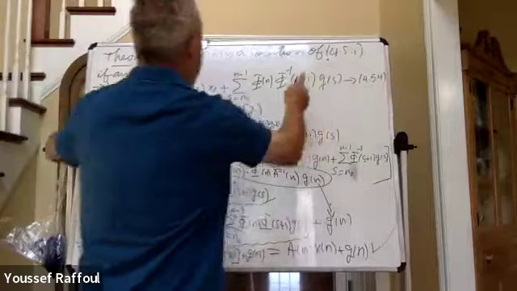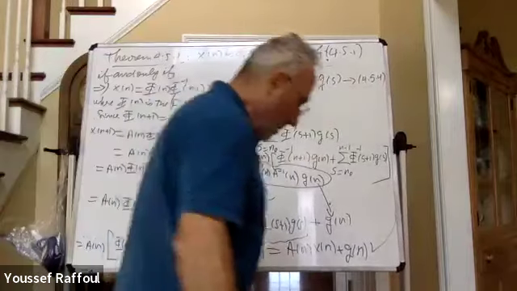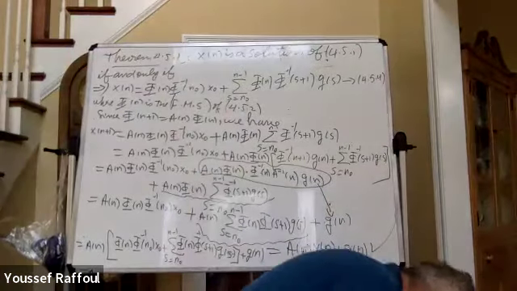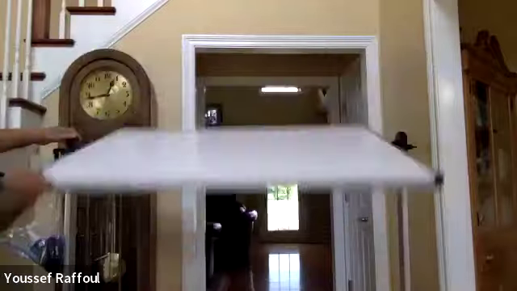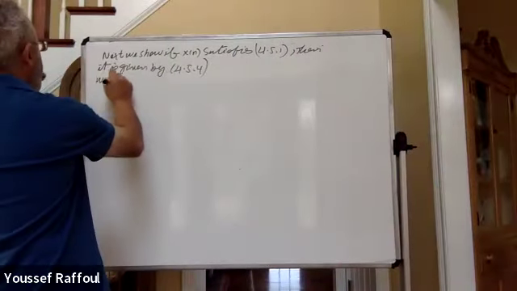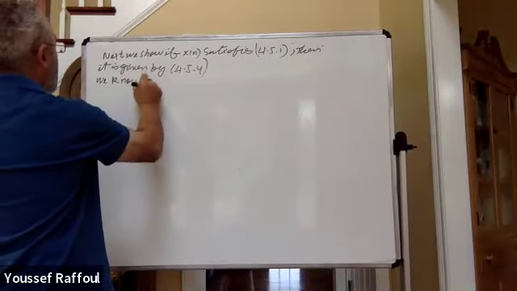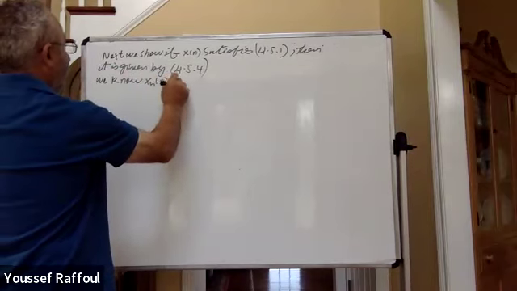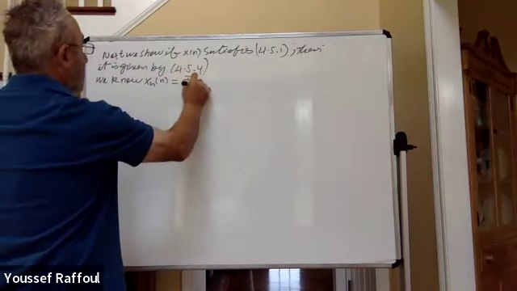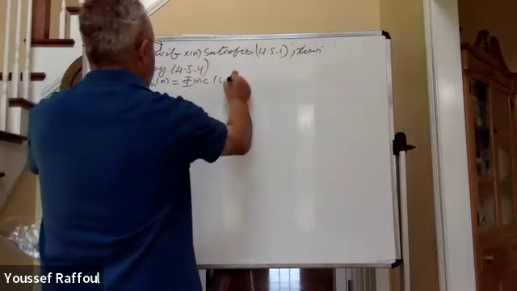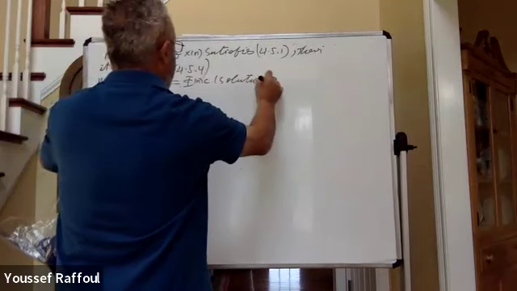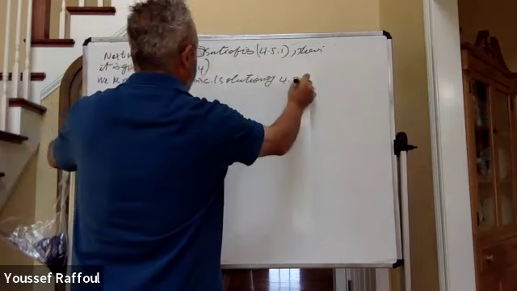There. Okay, so this is what we need to show. All right, so we know xh of n is phi of n times c. That is the solution of 4.5.2.